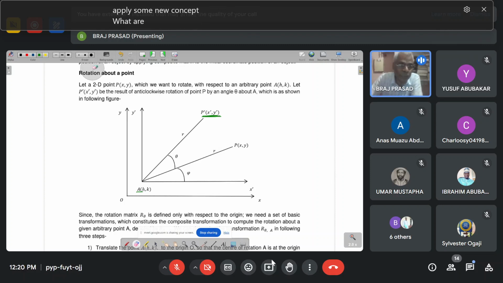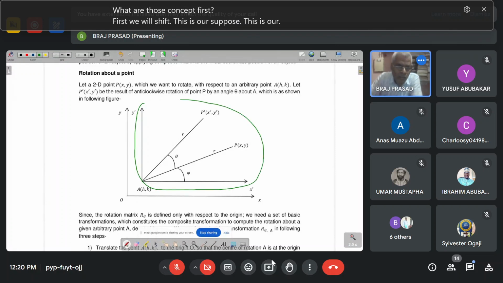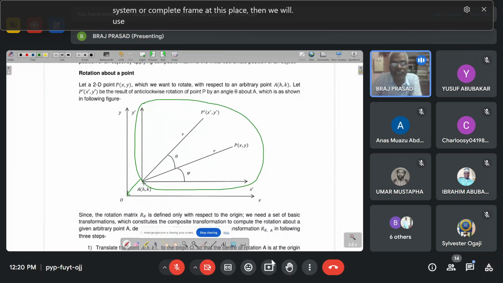To calculate this point, we will use the case 1 and we apply some new concept. What are those concepts? First, we will shift. Suppose this is our one frame, and this frame is shifted to this frame. If we shift this complete system or complete frame at this place, then we will use the translation concept.